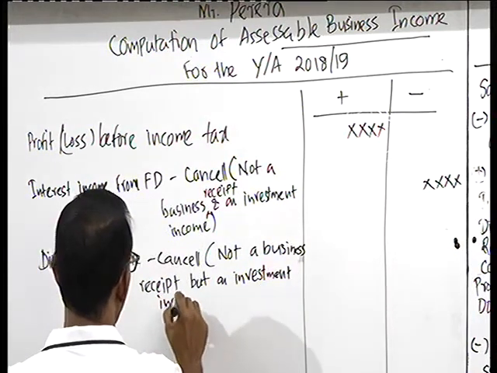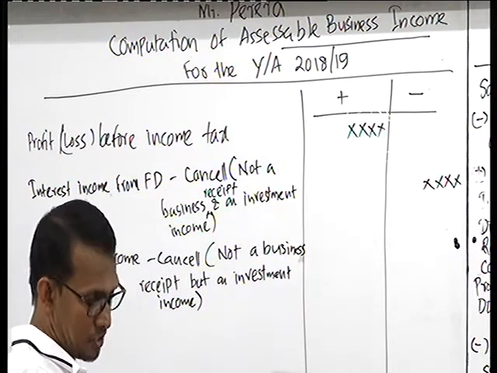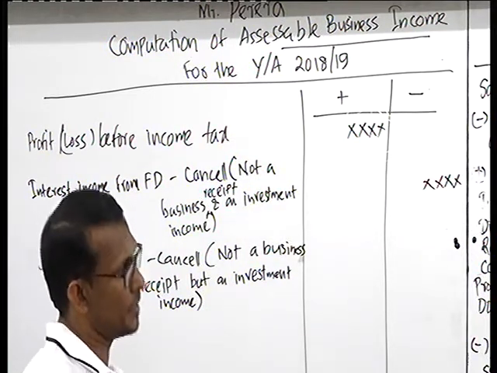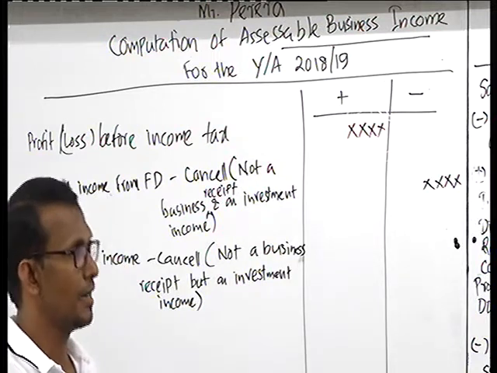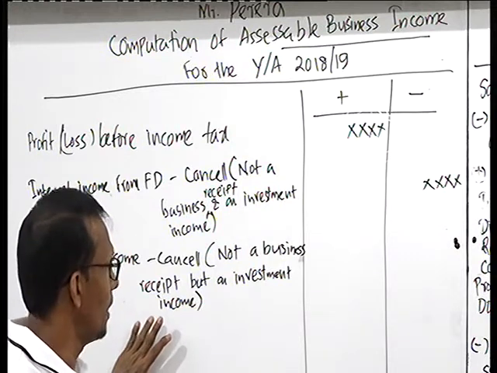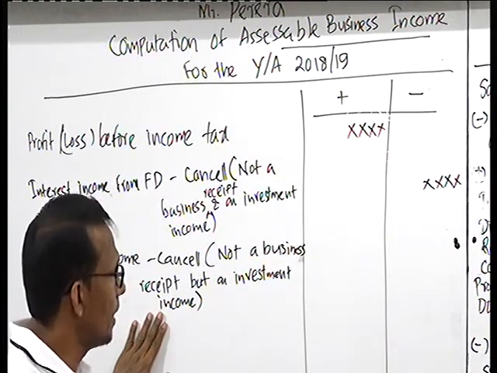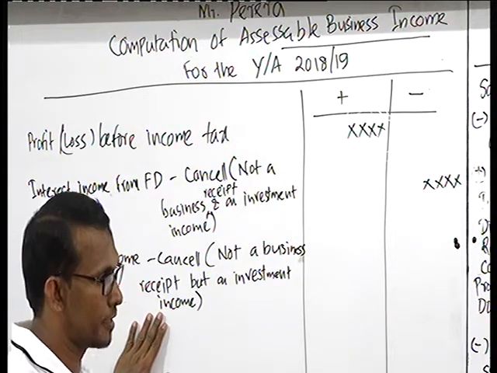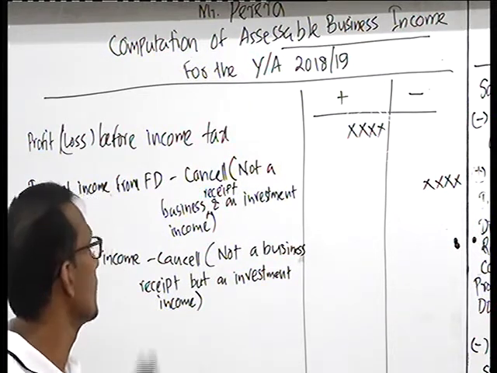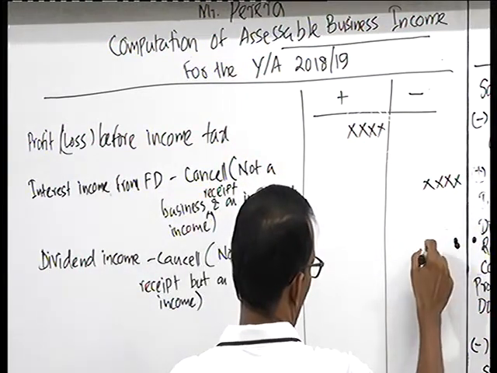Now, if you can give this explanation in the exam also, it is better, just to make the examiner understand that you have a clear idea about the treatment of various items of income. So here dividend income also you can cancel out.